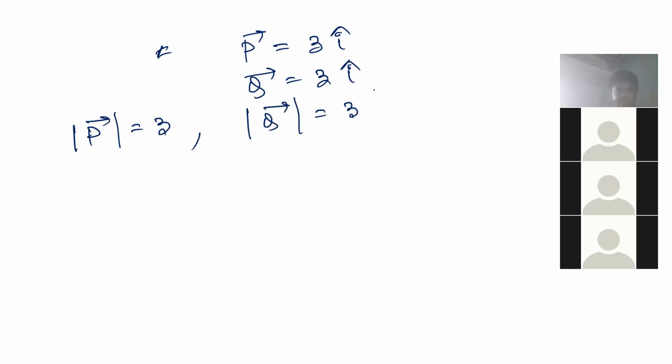If I find out the direction, then p vector is working along the x-axis. Suppose this is the coordinate axis we have drawn here: this is the x-axis and this is the y-axis.